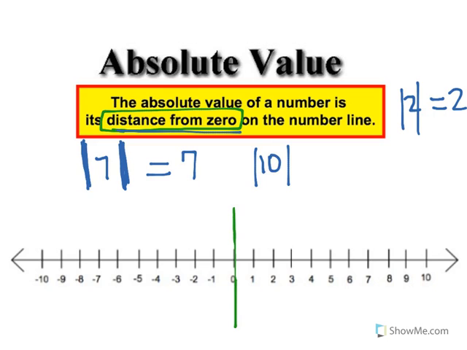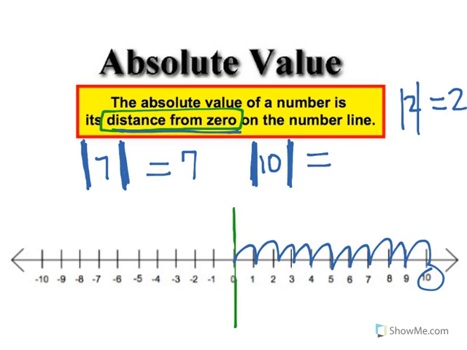Remember, these little marks represent absolute value. So here I'm asking, how far is 10 away from 0? Too easy. 1, 2, 3, 4, 5, 6, 7, 8, 9, 10. 10 is 10 units away from 0. Are we good so far?